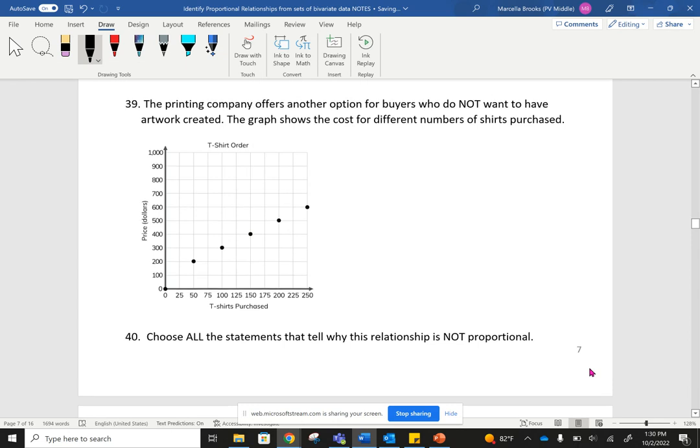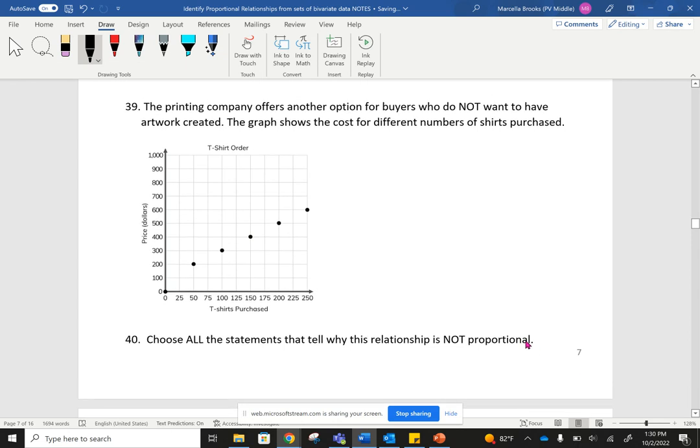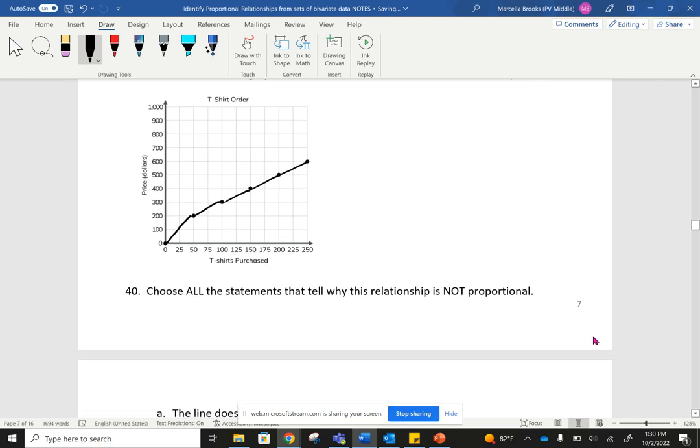So number 40, we're looking at all the statements and we're trying to figure out if this is a proportional relationship. You know, it's actually a little easier if you just go point by point, if you're doing it freehand. It doesn't look great, but let's just fix this one, and fix this guy. There we go.